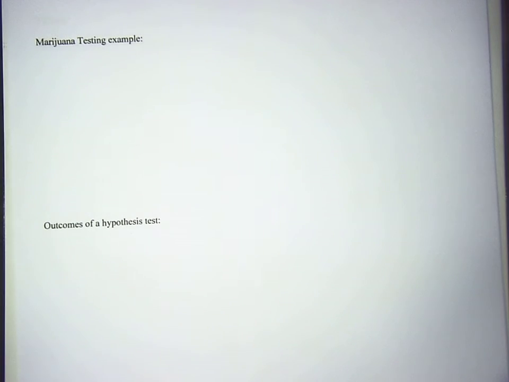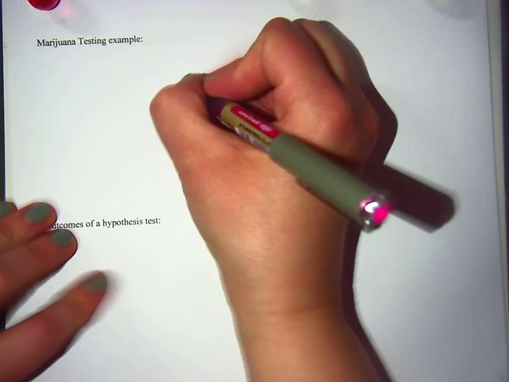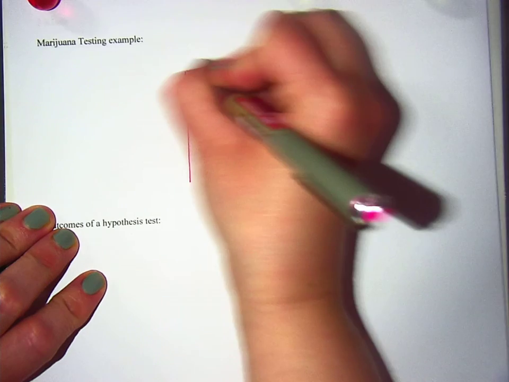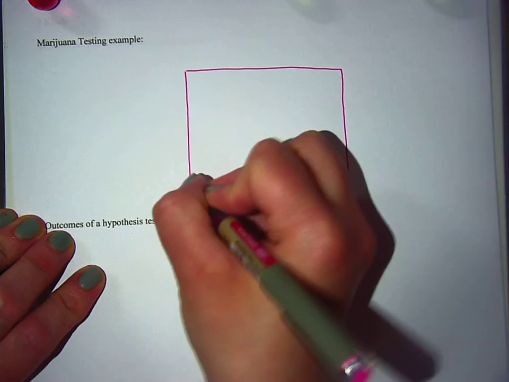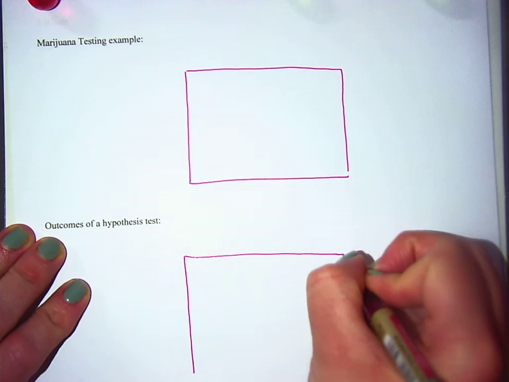Okay, so I think the most interesting way to look at this is talking about marijuana testing. So let's make a quick little chart here. I'm actually going to have to make the same chart for this one and for this one, so might as well do them at the same time.